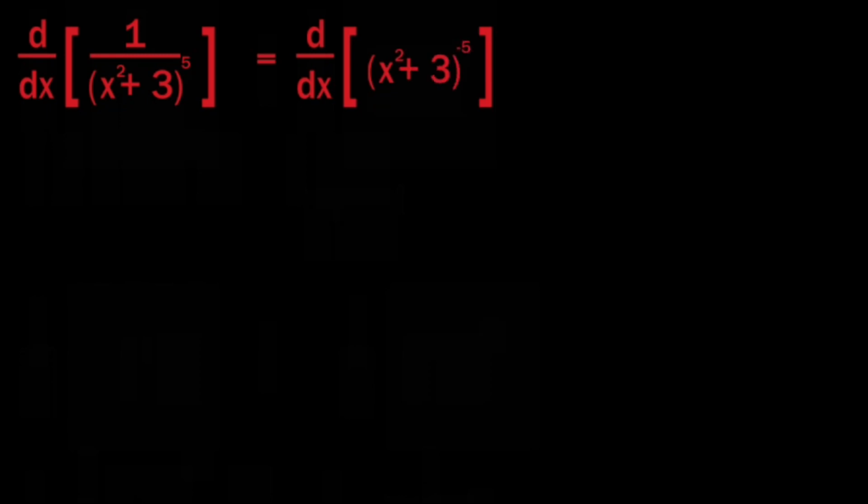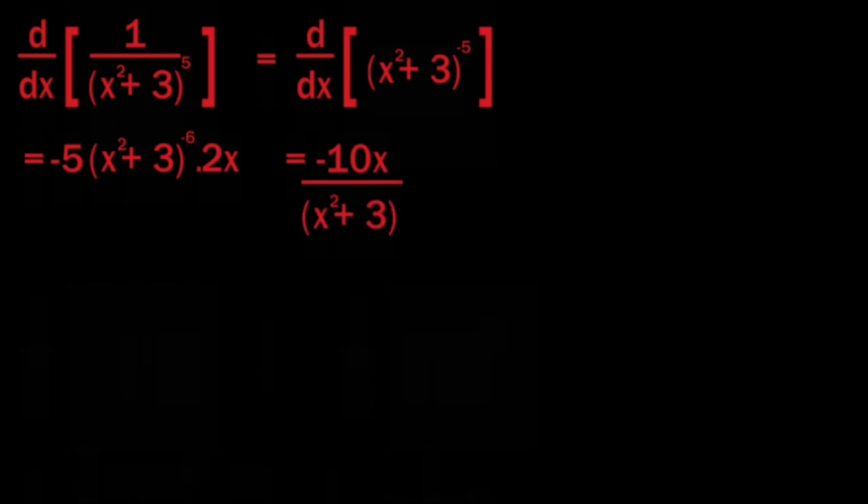We do the same thing, we differentiate the function outside first. So negative 5 (x squared plus 3), to the power of negative 5 minus 1, which is negative 6, multiplied by the derivative of the function inside, which is 2x. So you will get the answer as negative 10x over (x squared plus 3) to the power of 6.